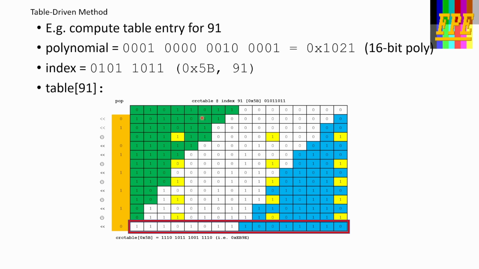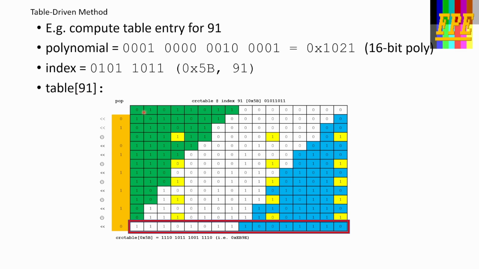So let's say I wanted to know what the table entry for decimal 91 is. And let's say for the 16-bit polynomial we talked about on the second slide, 1021 hexadecimal. In this case, the index is this sequence in binary, 0101 1011, or 0x5b if you prefer hex, but this is just 91 represented in binary.